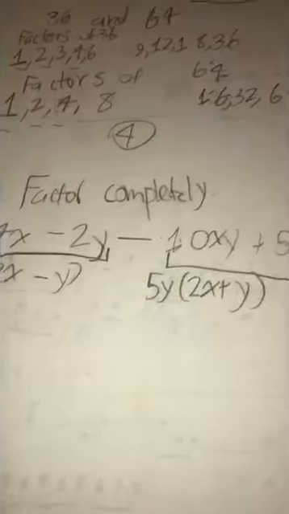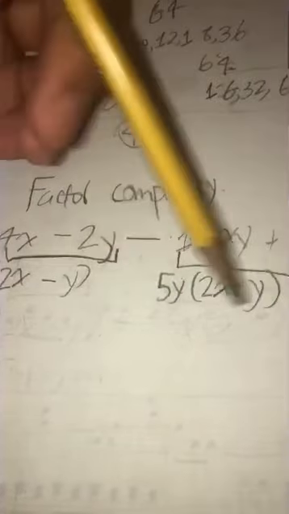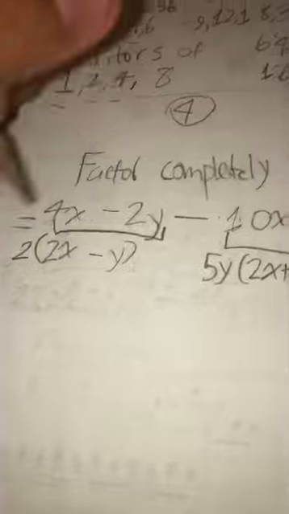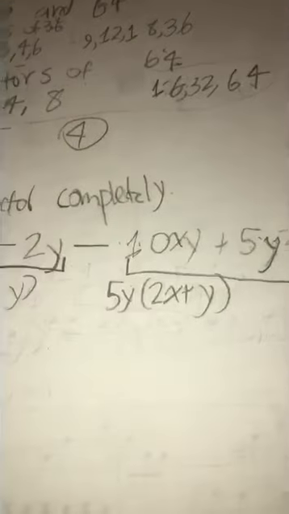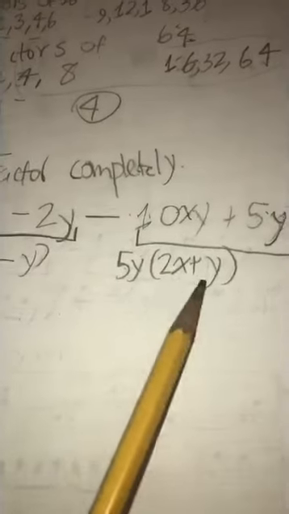plus y. Now, when we're trying to find the greatest common factor and factor, we want to have, ideally, these two with the same signs inside. I factored out a positive 5, and it ended up having a different sign.